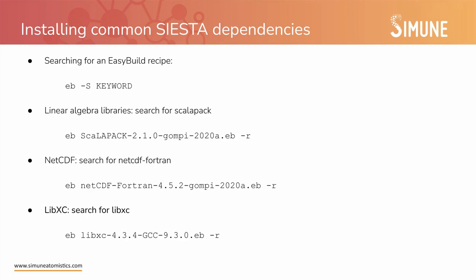For libxc, the same. You have various libxc packages available on EasyBuild, and in this case, you just have to adapt a little bit. The gompi toolchain is using GCC 9.3, and so this is the one that you have to use for libxc.